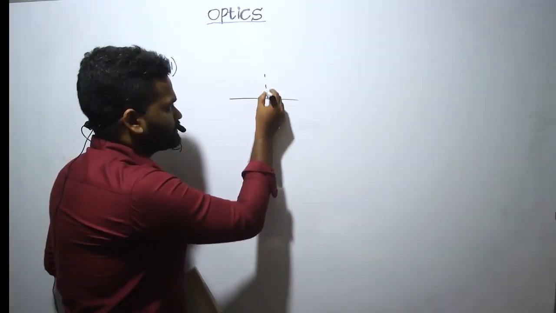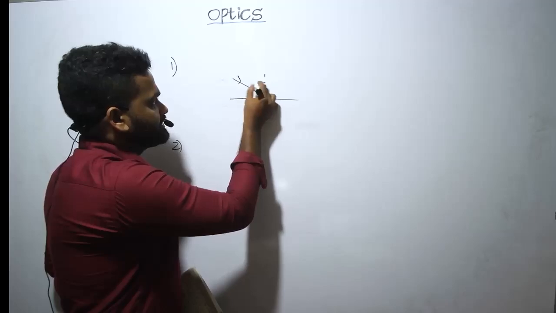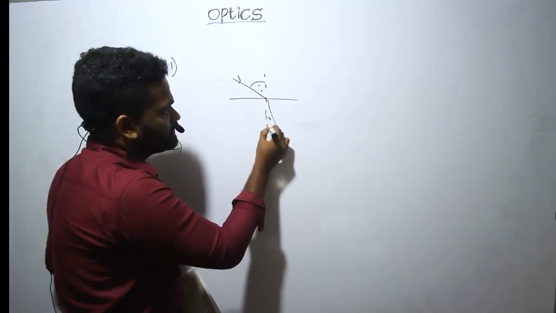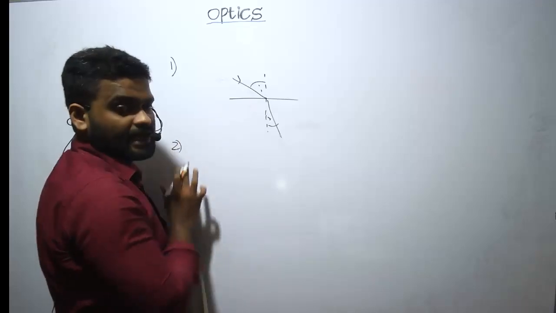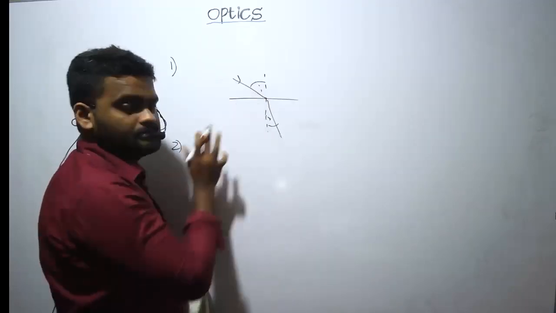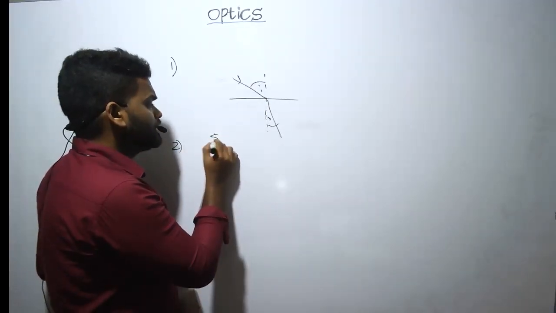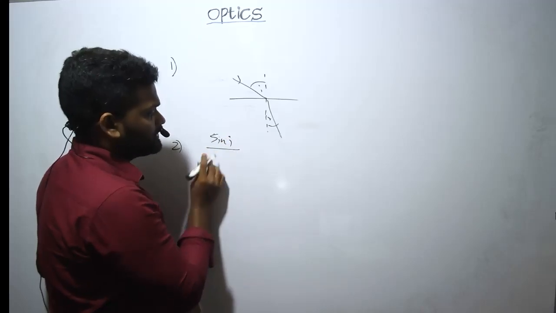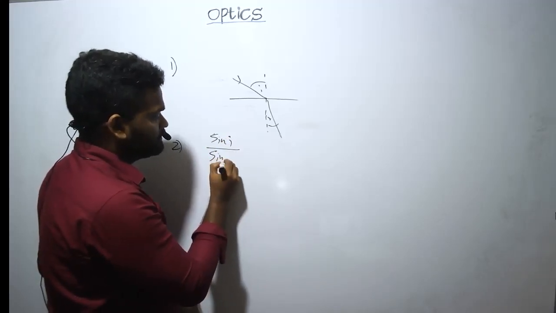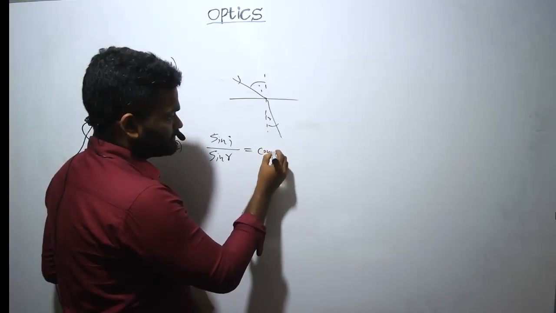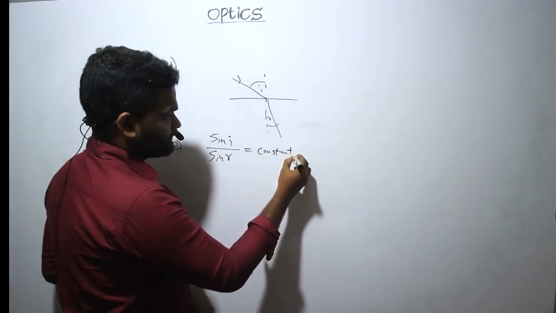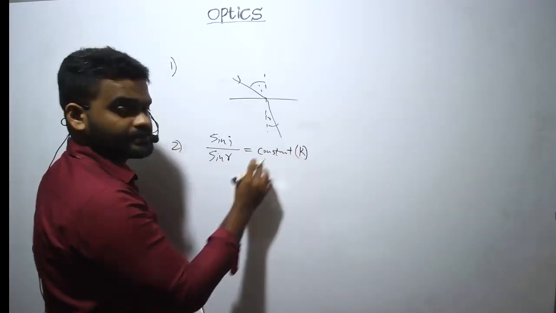You don't have to draw this. So let's say this is I and this is R. Let's say this is water and this is glass. It could be any two mediums. Sine value of I divided by sine value of R is a constant.